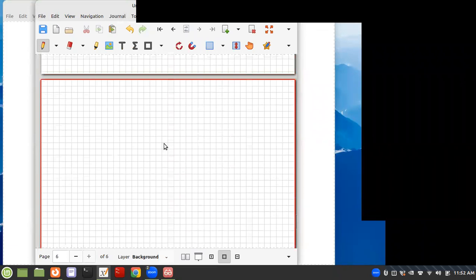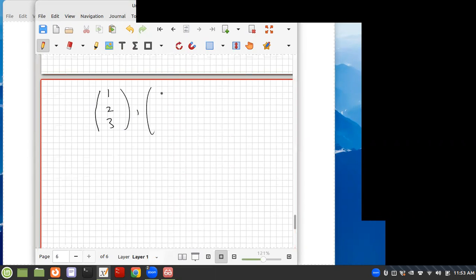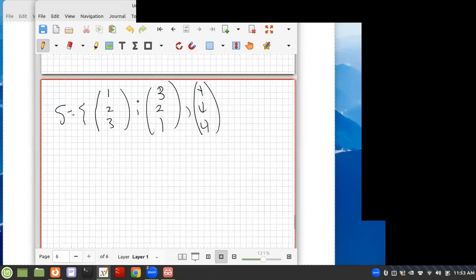Let's say that you had these vectors, 1, 2, 3, and 3, 2, 1, and 4, 4, 4, and you wanted to find a basis for the span of these vectors.